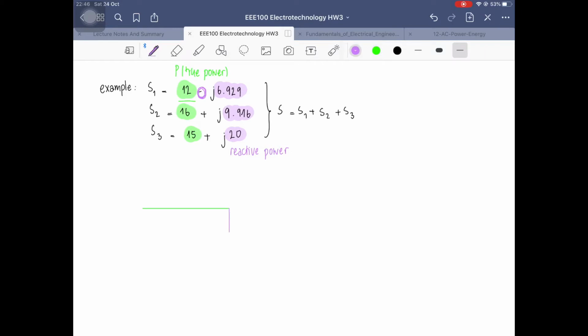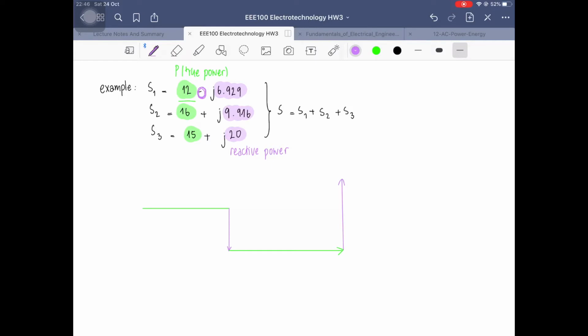For the green one, we start from left to right, because normally true power is only positive, so it goes to the right. And for the capacitive, that goes down because it's negative. Then you have to start the arrow from where you left off. You got what I mean?